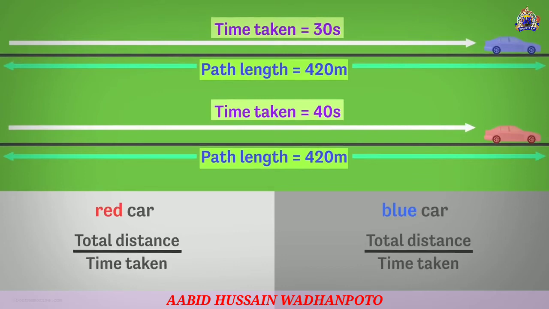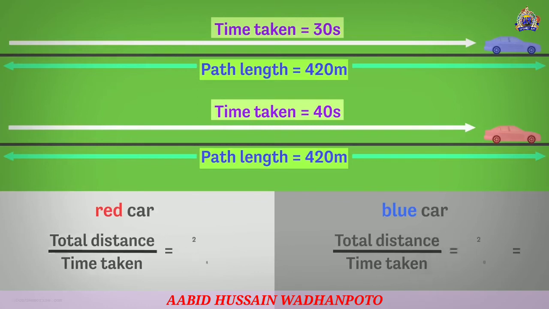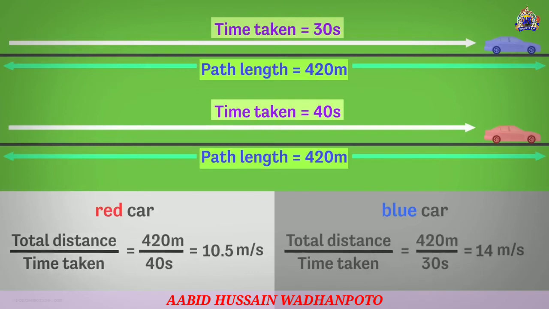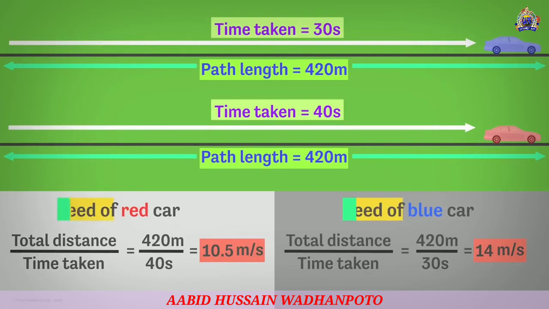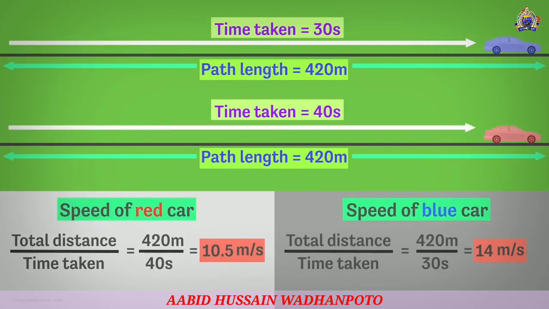Total distance upon time, this is the formula for speed. Speed is equal to total distance upon time. It means we can calculate which body was moving faster. Here we have 420 upon 40, which is 10.5 meters per second, but the other car has 14 meters per second.